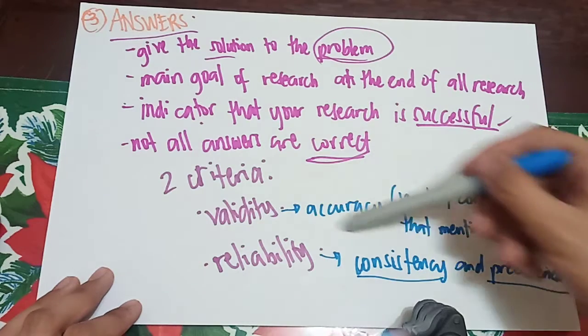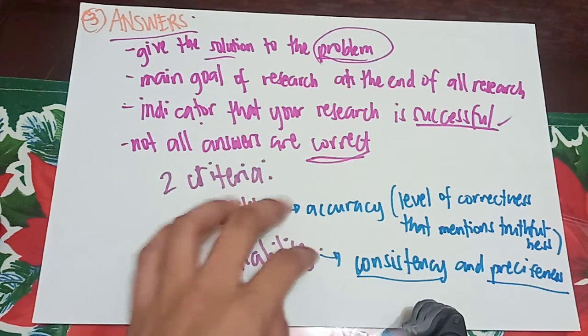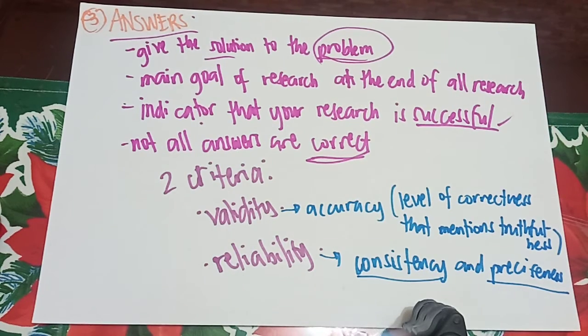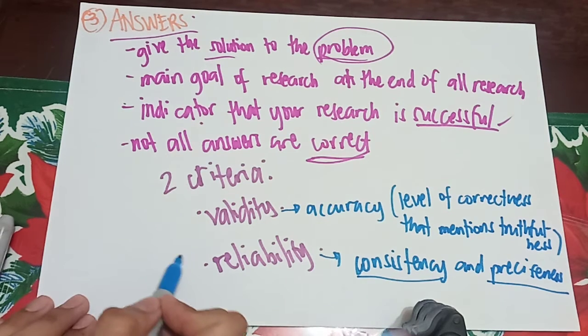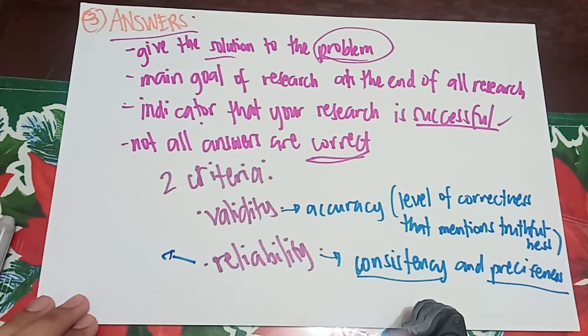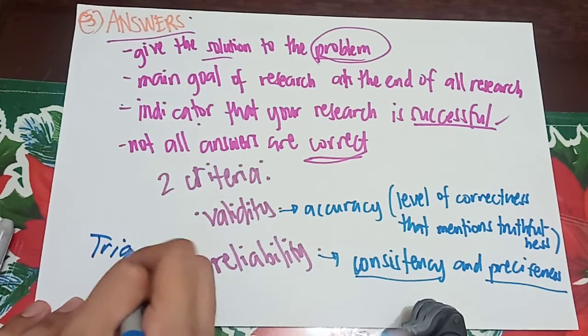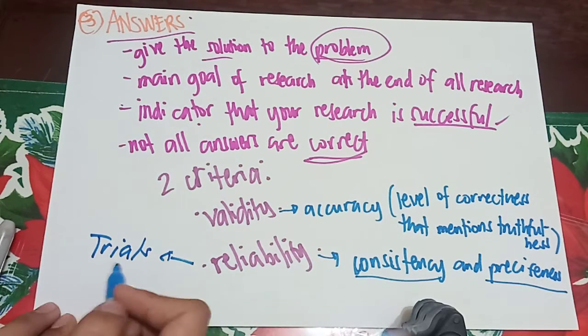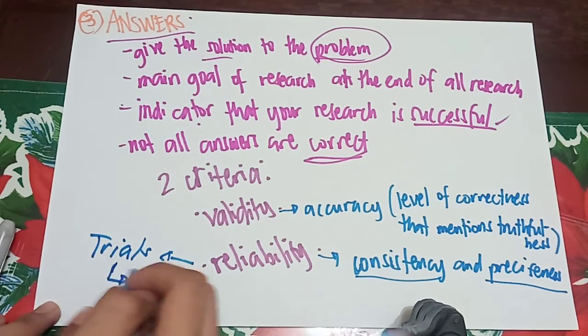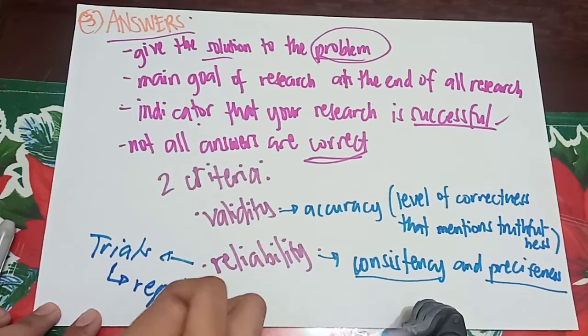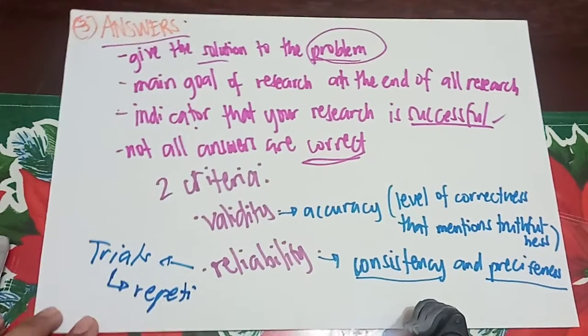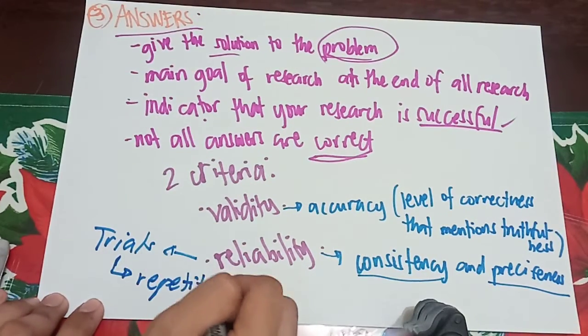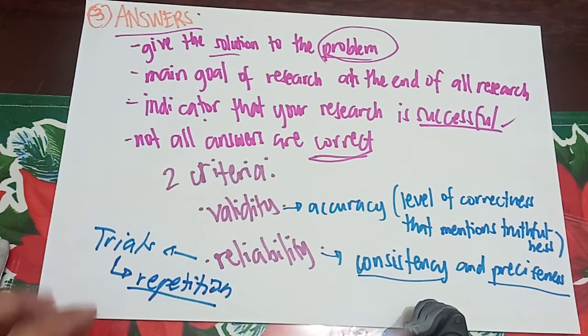It must have the accuracy and it must have consistency. And how do we measure consistency? We measure consistency through what we call the trials. And trials is synonymous to the word repetition. So that is how we can measure the consistency of a data.